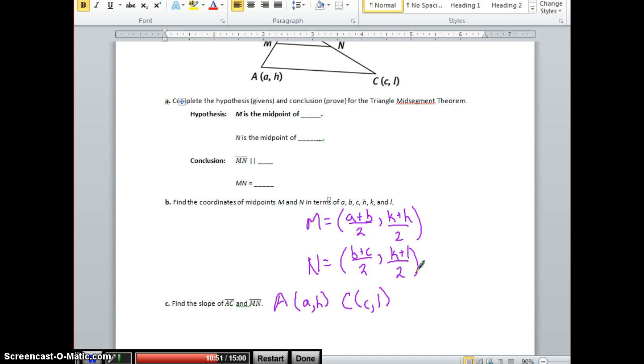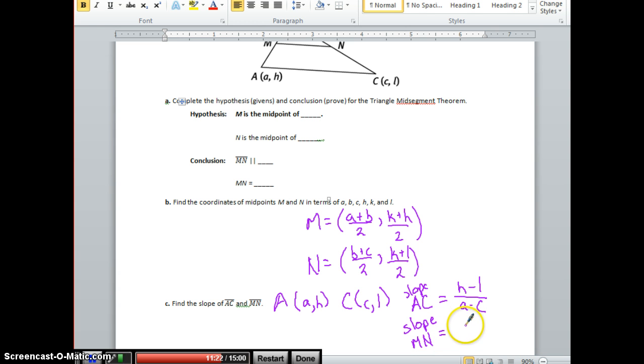So the slope of AC is going to be the difference in y's. So my y's are h and l, so it'll be h minus l over my difference in x's. So that'll be a minus c, okay? And then the slope of MN, now this is going to look kind of nasty, okay, but I promise it'll simplify.